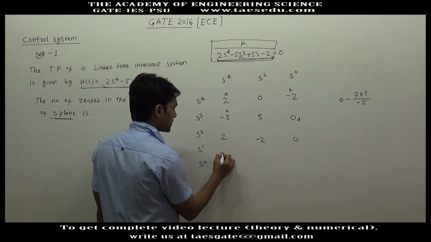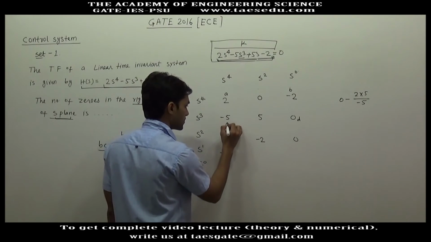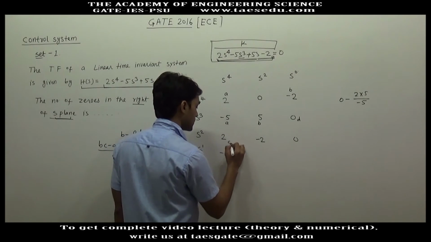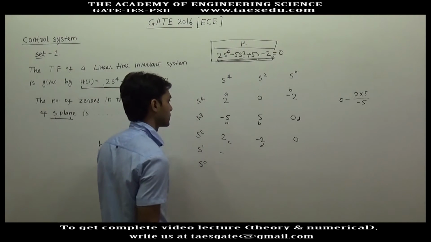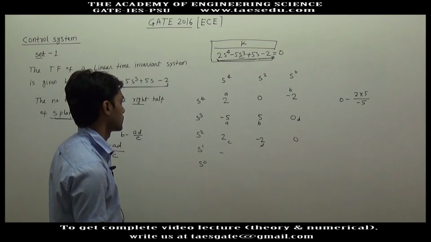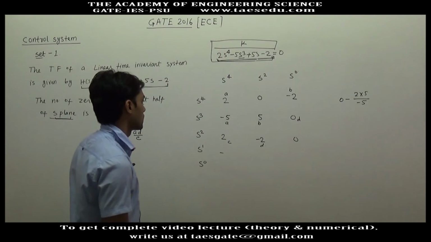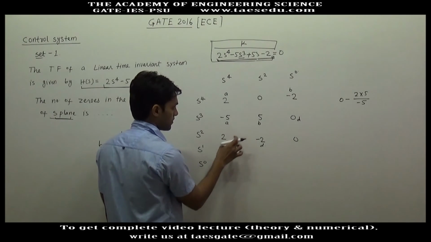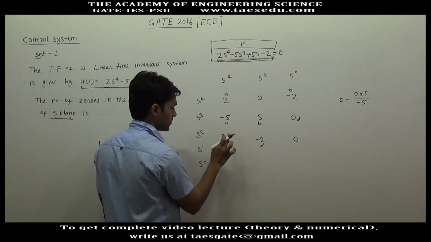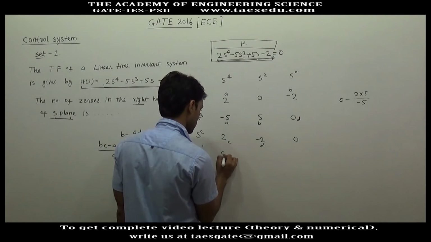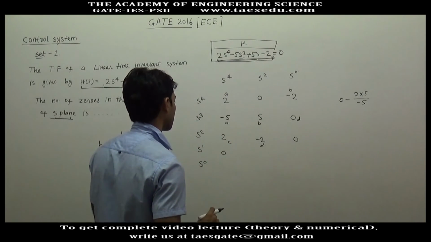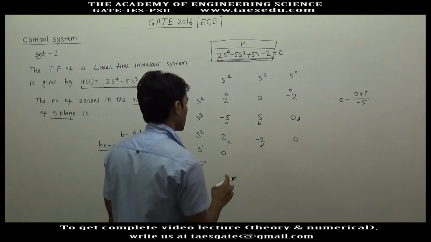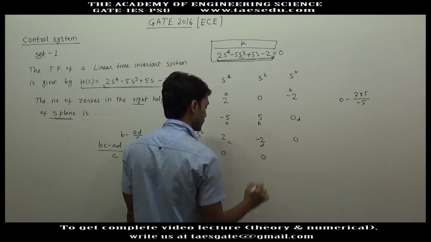Now to find this, this will be A, B, C and D. So B minus AD by C, 5 minus 10 divided by 2, this will give you 0. And here again you will get 0.